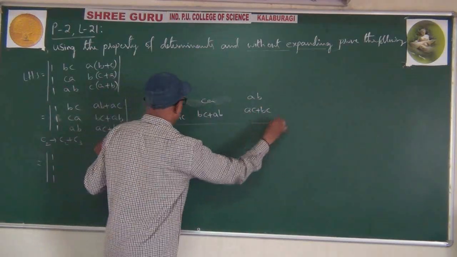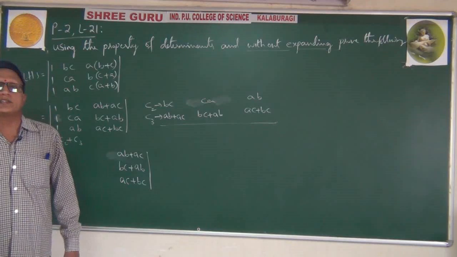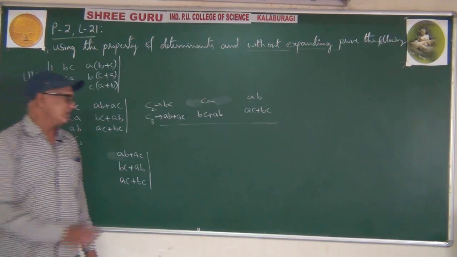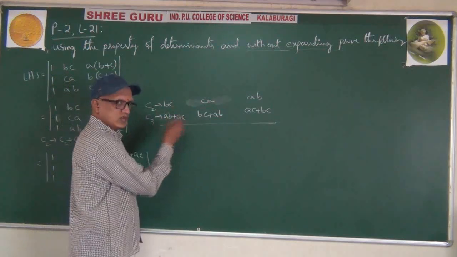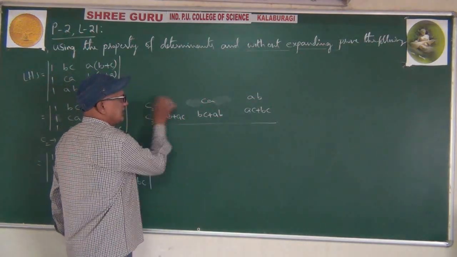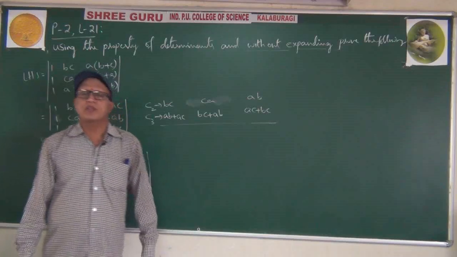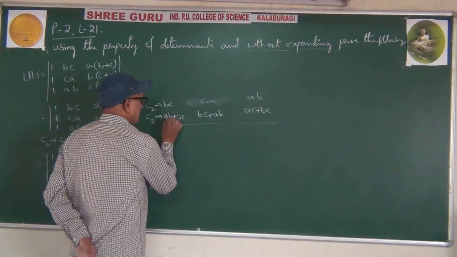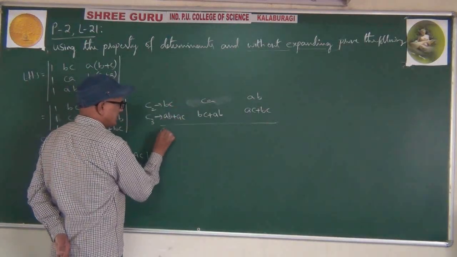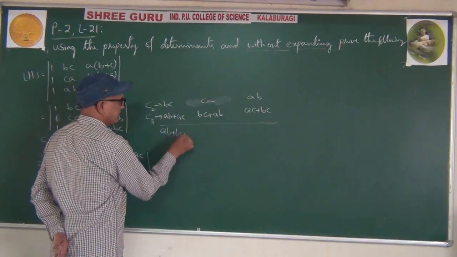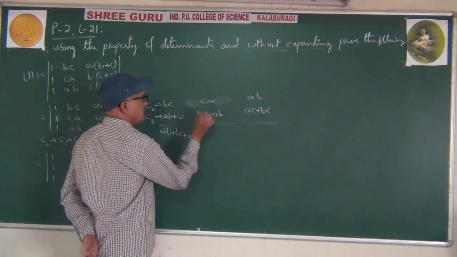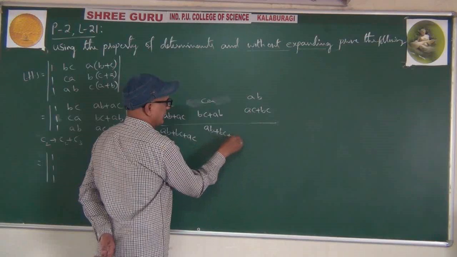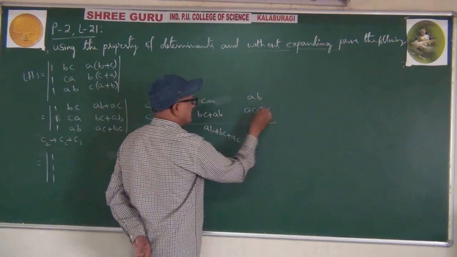Okay, now C2 plus C3, the second column and third column we added. Let us write it in a systematic way: AB plus BC plus AC in each row.